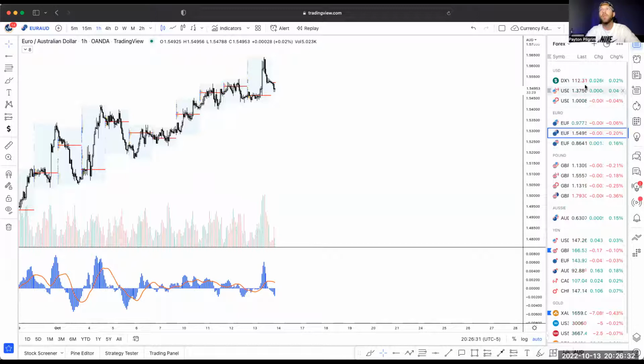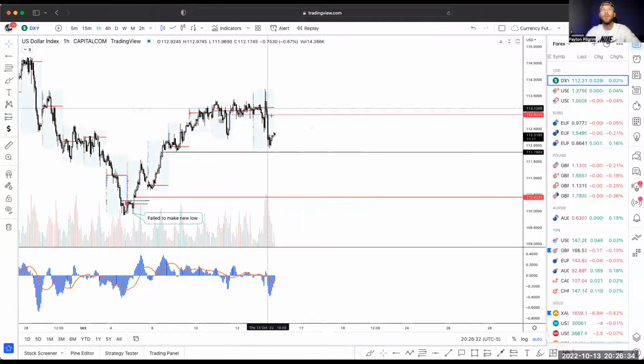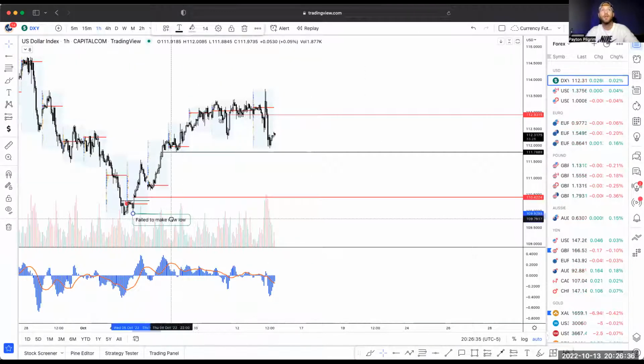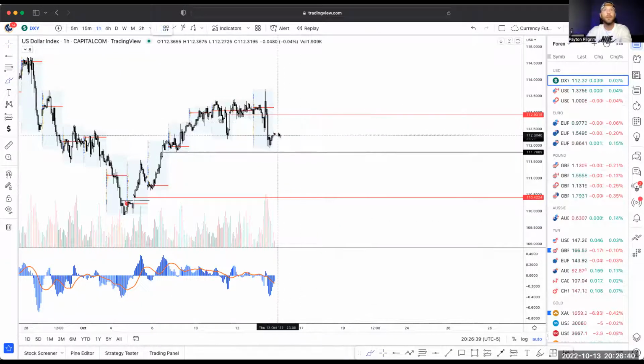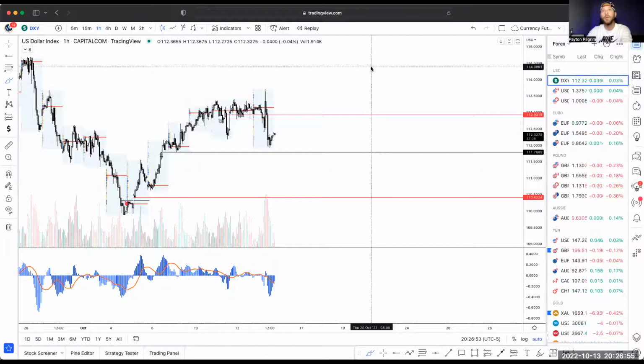When the dollar is doing some dominant stuff, moving very well, every other currency pretty much is going to do the opposite. So that means the euro and the Aussie are both going to be going bullish, right?